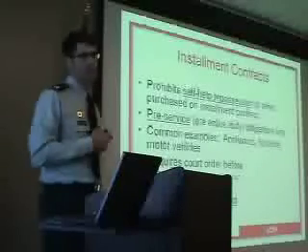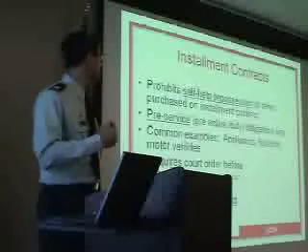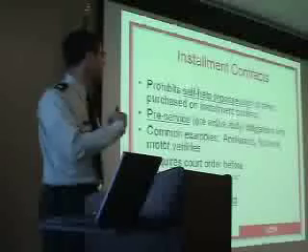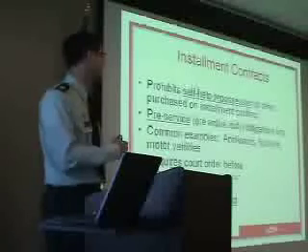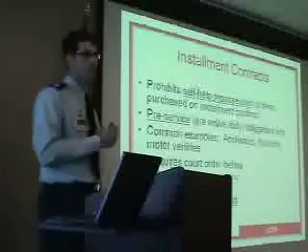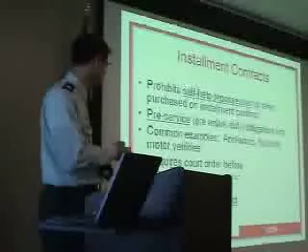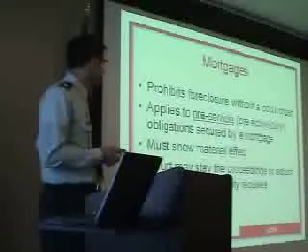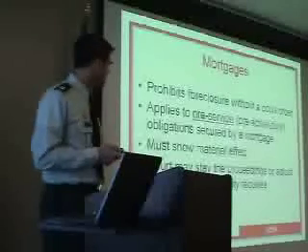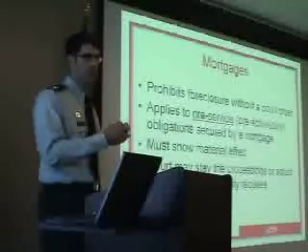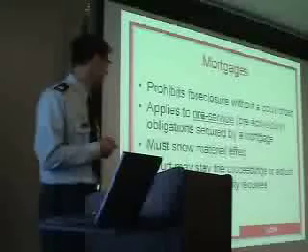If a creditor or person that has the installment contract with the service member wants to repossess, they have to go to the court, and the court must issue a court order before they do so. Mortgages, again, the Act covers mortgages, prohibits foreclosure without a court order, and again, pre-service, pre-federal mobilization.